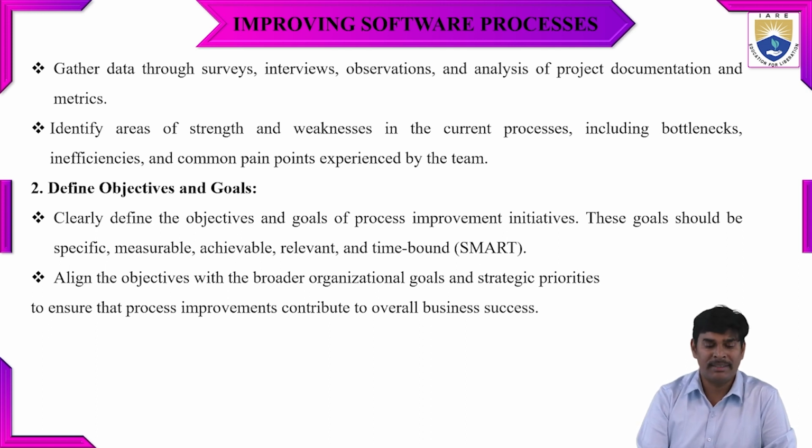during the stages. And the next one is we need to define the objectives and the goals in a proper manner. So we have seen that the project manager must have the quality of SMART. SMART is nothing but specific, measurable, achievable, relevant, and time bound. So this will clearly define the objectives and goals of improving the process.